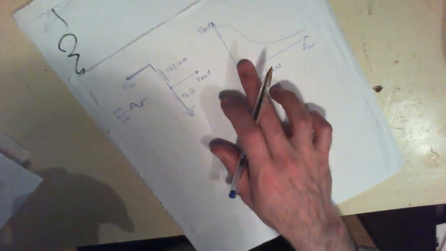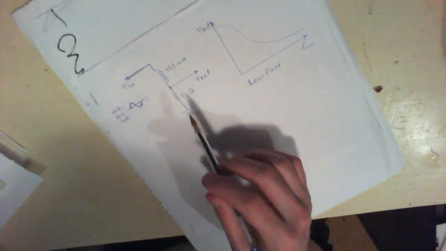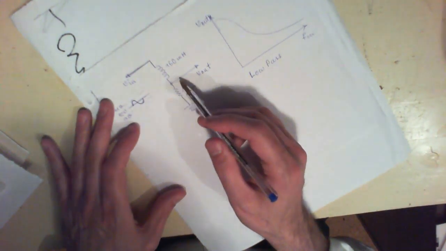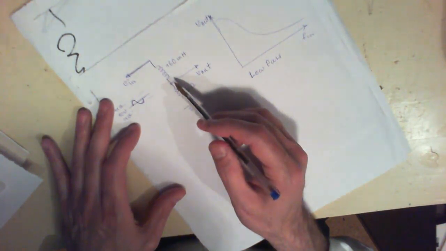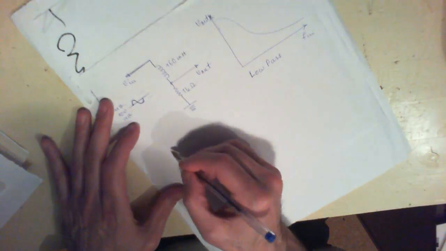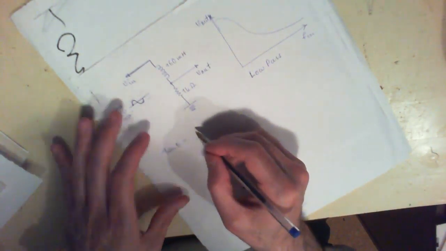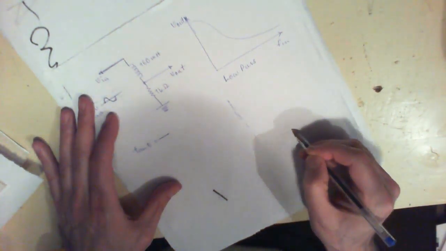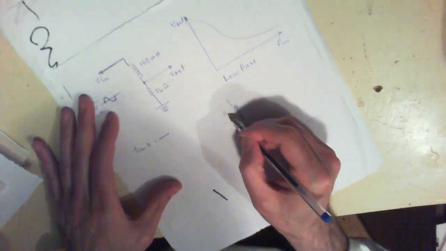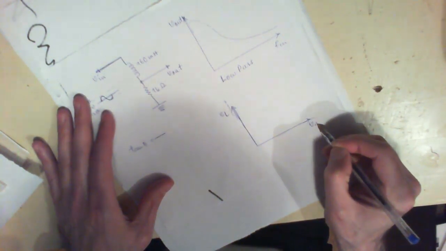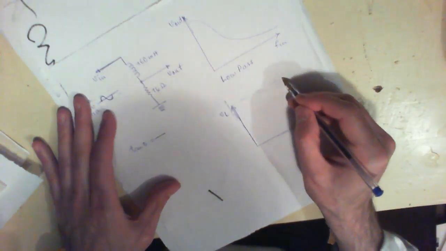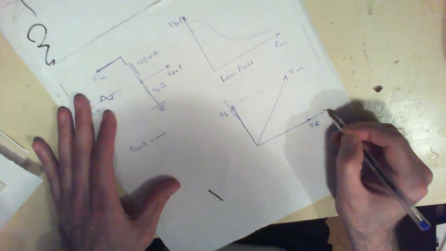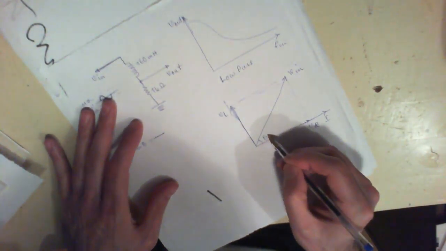Now what happens here is that basically you know that tan of theta here is equal to V of L to V of R. The reason for that is that, let's say this over here is V of L, and this is V of R, and this is V of in over here, and this is the current that is going through the circuit, and this is your theta, right?